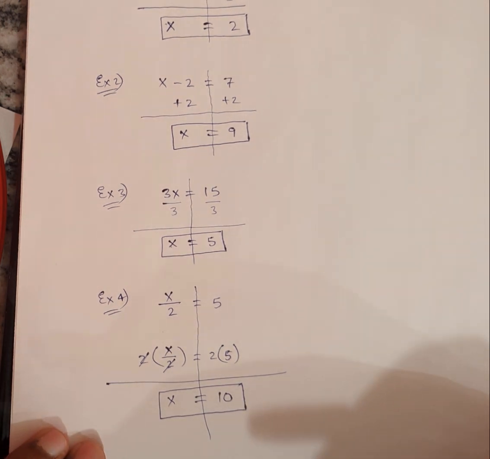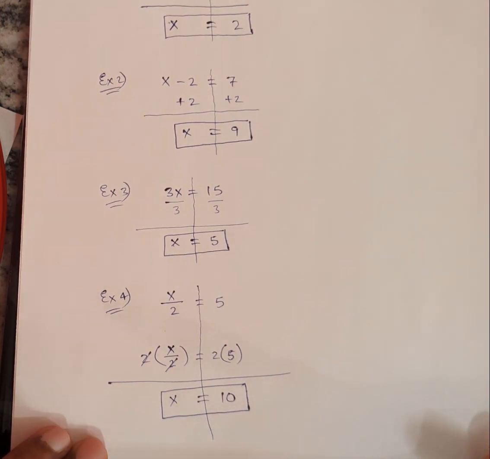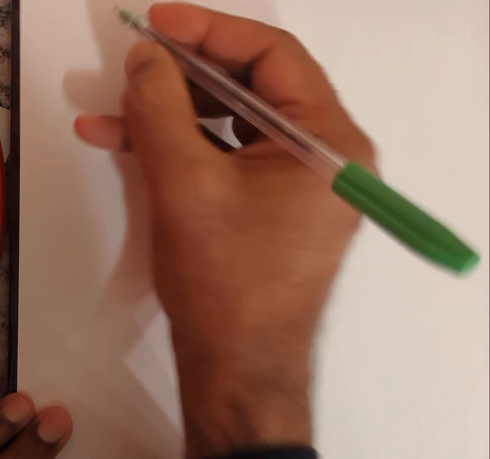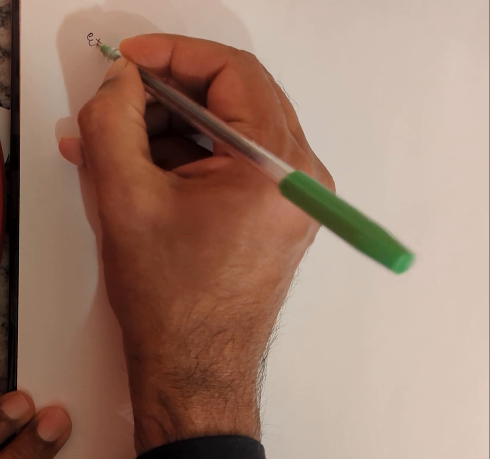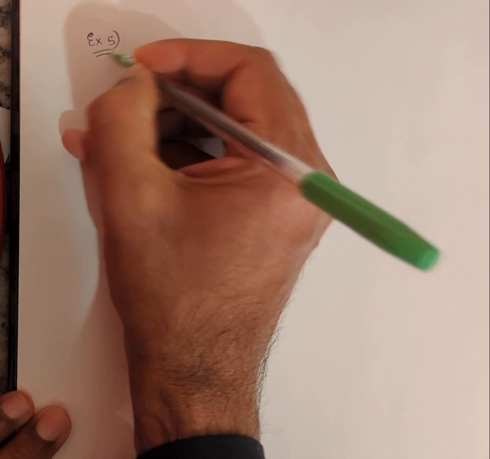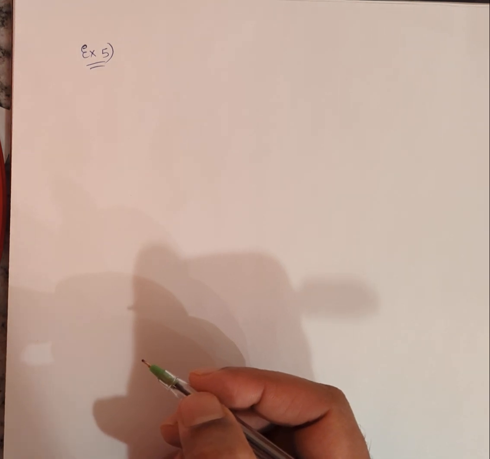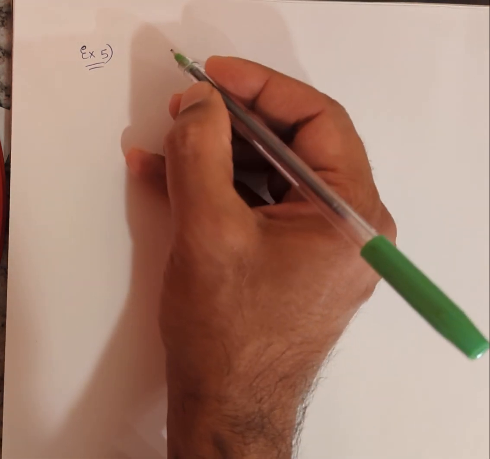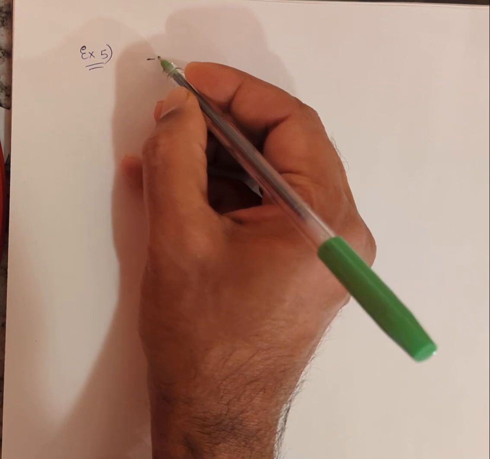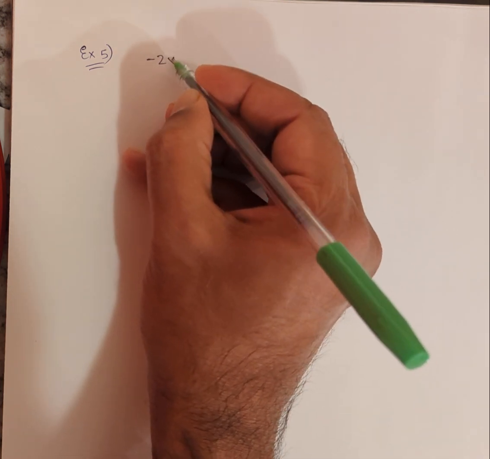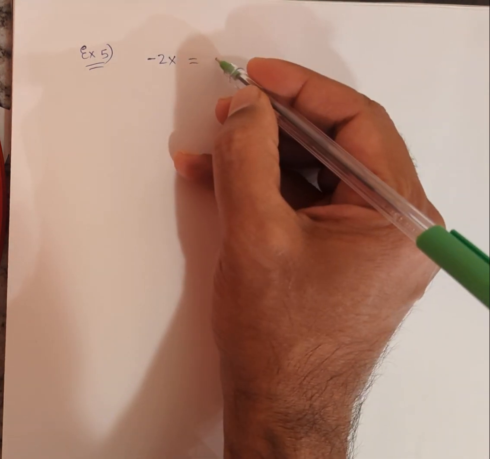Now, let's look at one more example. This time, I'm going to introduce a negative number. And I have seen students make this mistake. Negative 2x is equal to, say, 12.